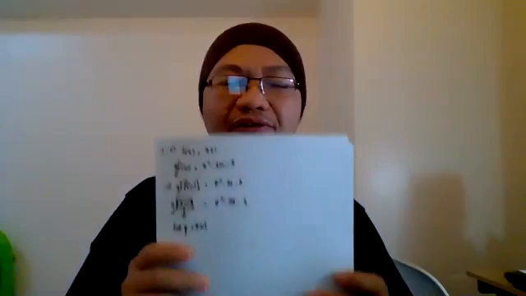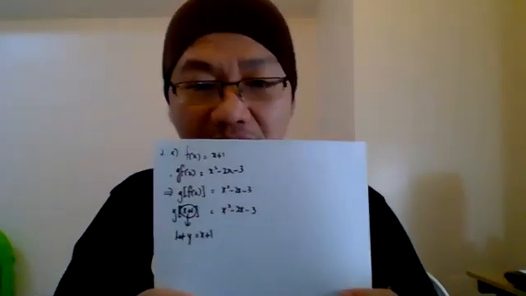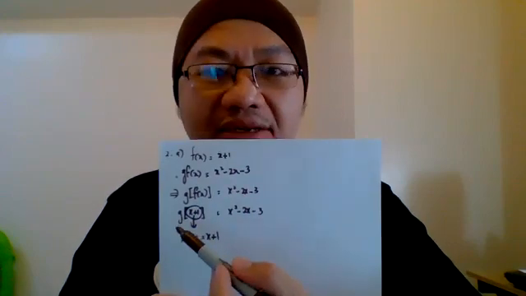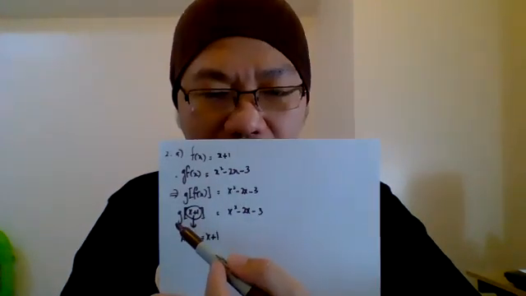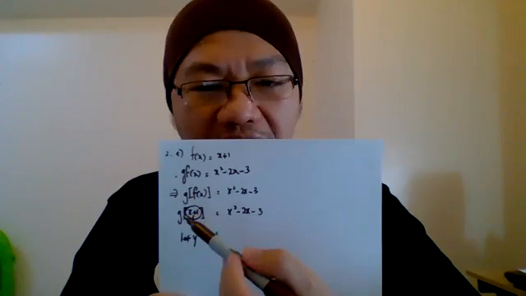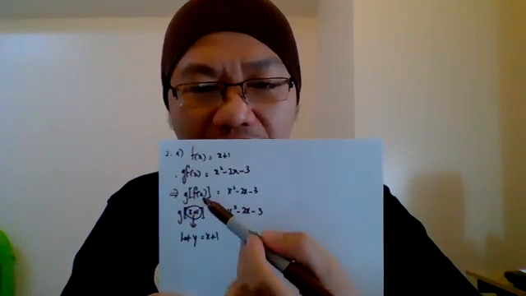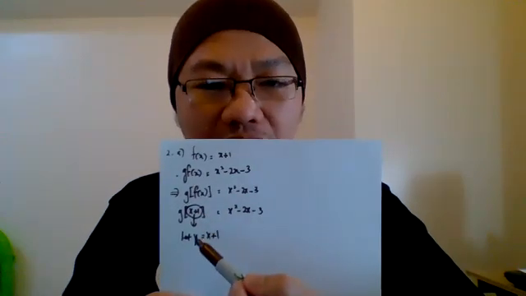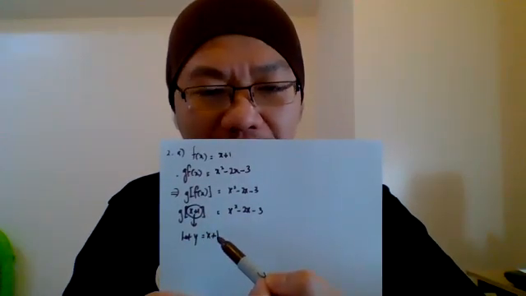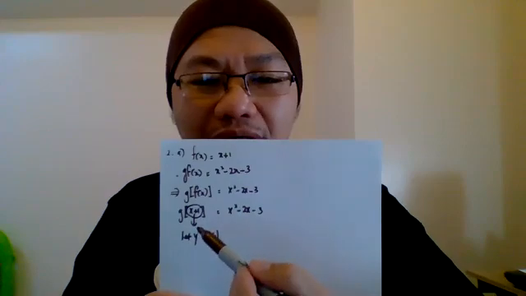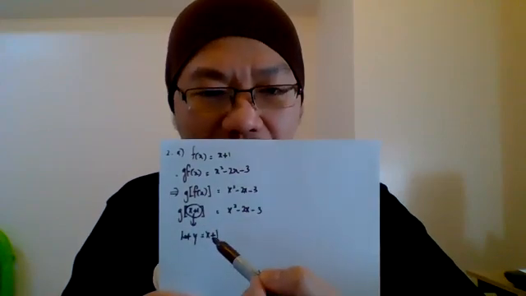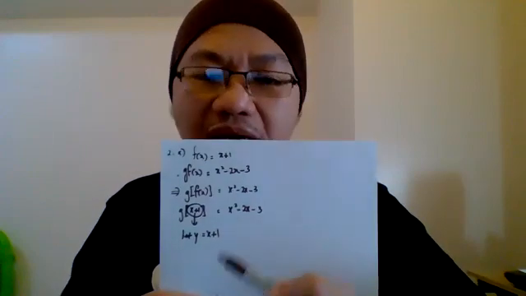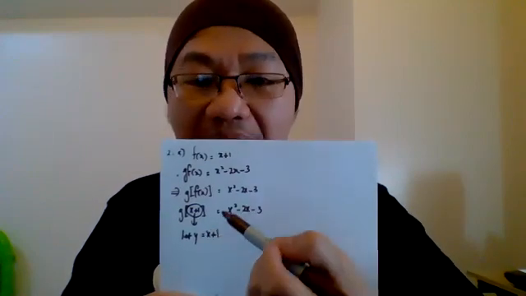Okay, this is the difference between the first question and the second question. You want to find g, and the location of g is the front function. So the whole thing that I circled here, what we need to do is let y equal that value. So we let y equal x plus 1. This is something like what we call the inverse function. Since inverse means that at the end of the calculation, x becomes the subject.